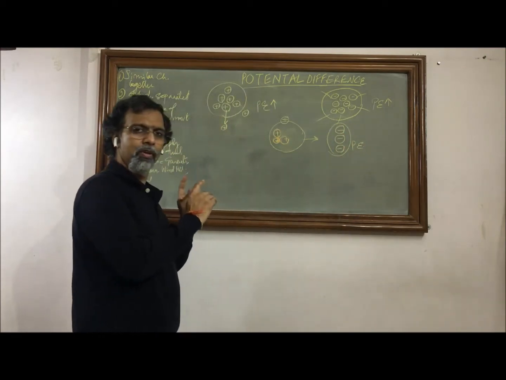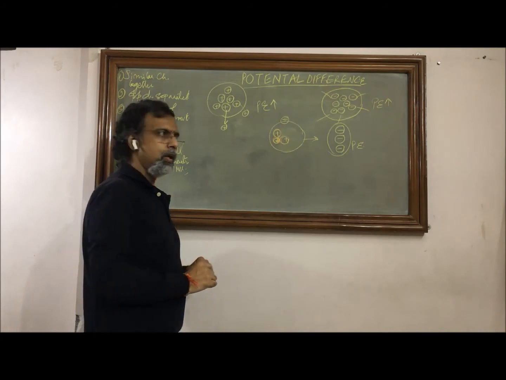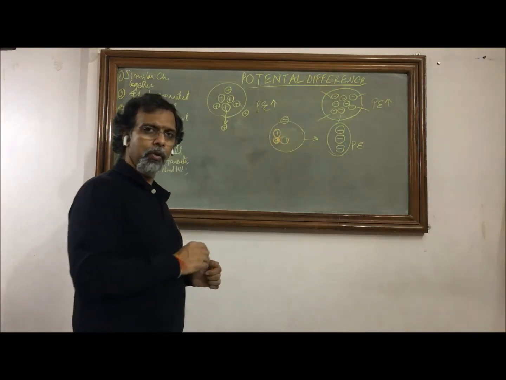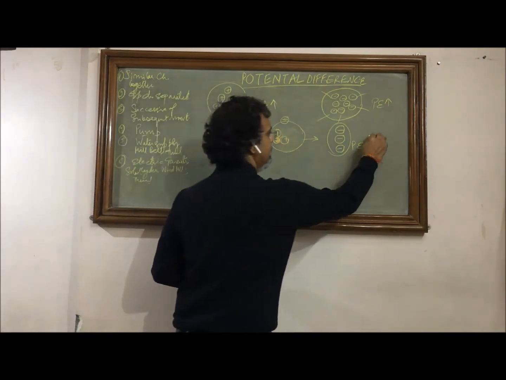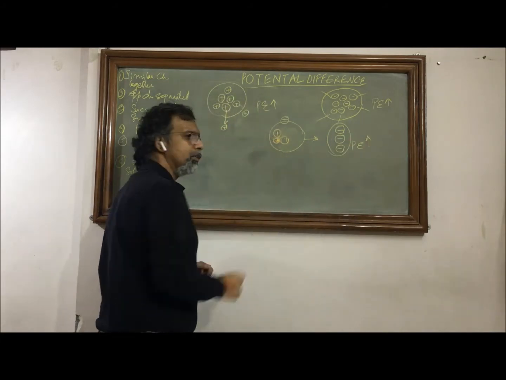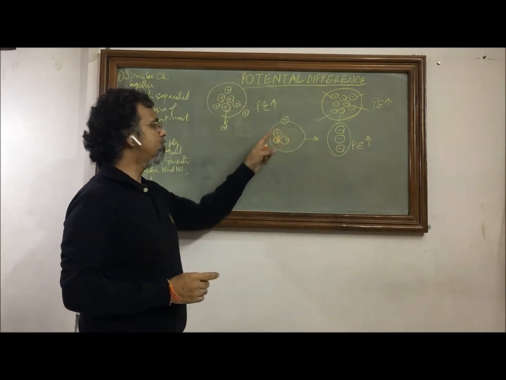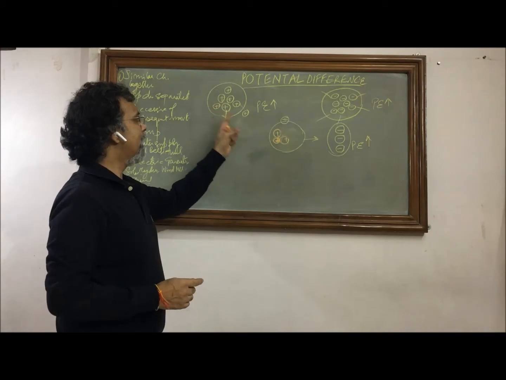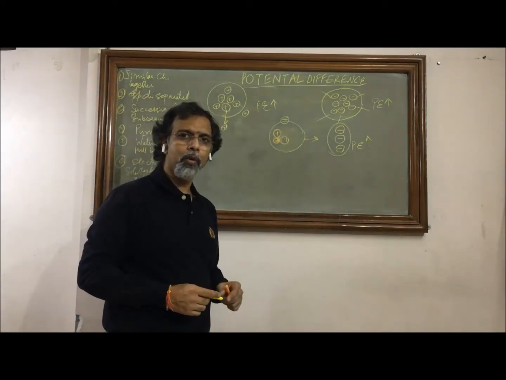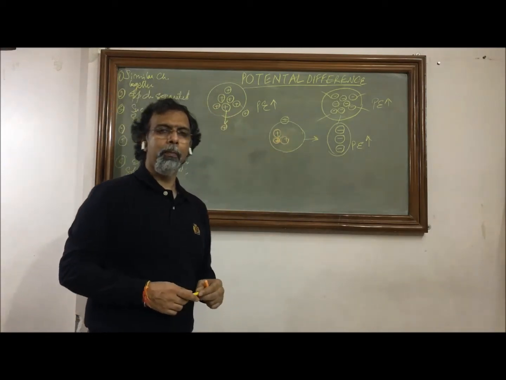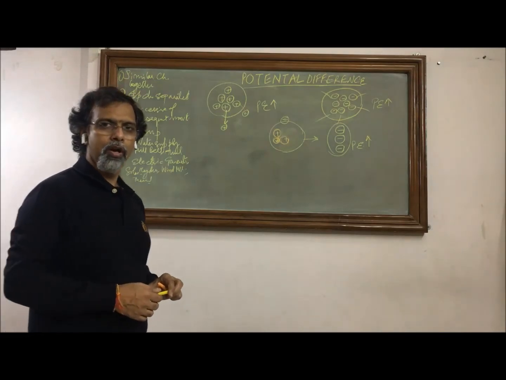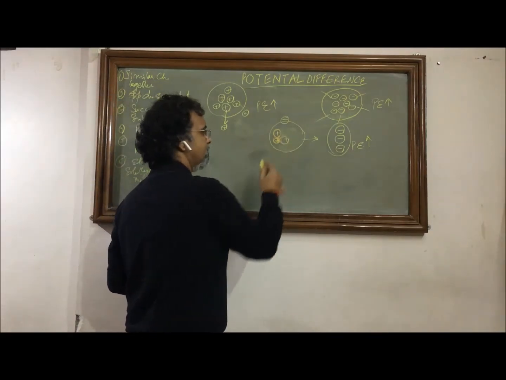So initially there was no potential energy. We would say that it was 0, and now the potential energy is increased. And here also you can see these positive charges in a situation like this, they are held together, which is not possible by natural tendencies, that 3 positive charges are held together.